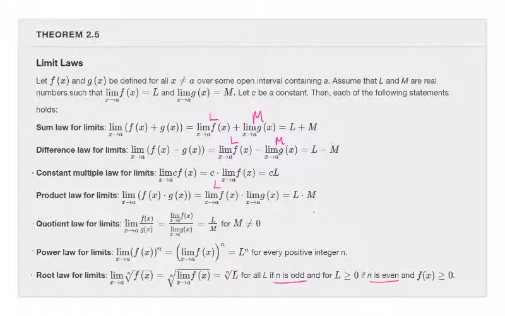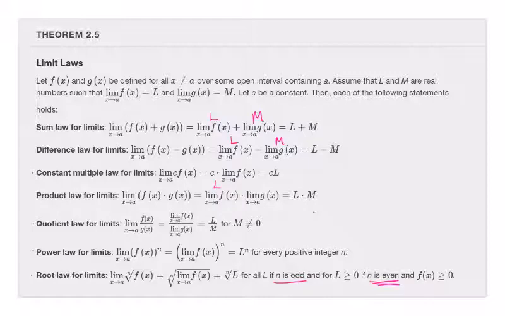And if n is even, then we have to have the function greater than or equal to 0, because we can't have a negative radicand. If you have an even index and a negative radicand, that'll result in an imaginary number.